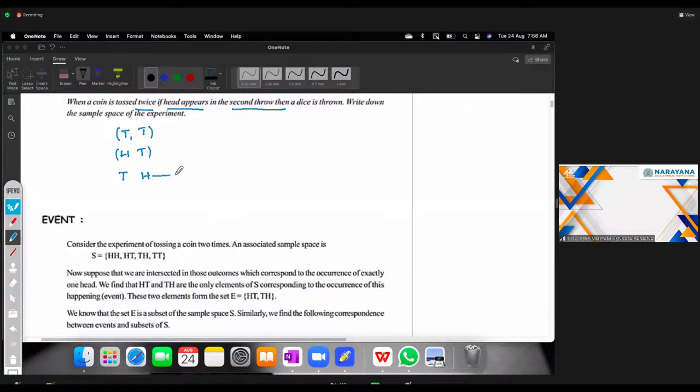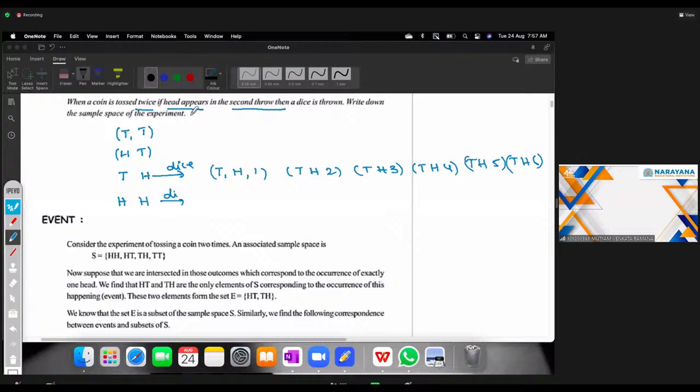Then you need to write the dice. So what will happen? TH1 is possible, TH2 is possible, TH3 is possible, TH4 is possible, TH5 is possible, TH6 is possible.